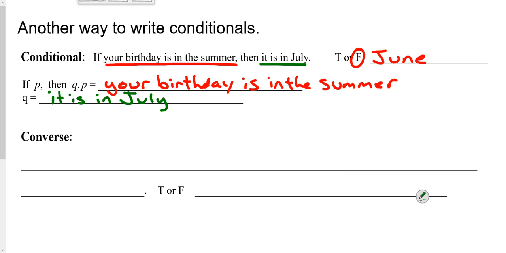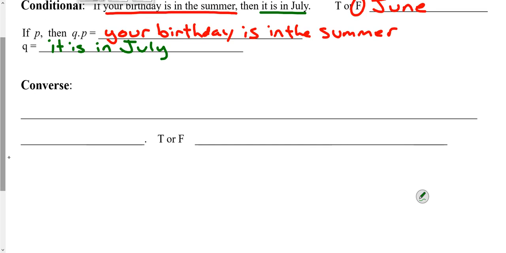So this other way that we can write these conditionals is with a converse. Remember, that's switching our hypothesis and conclusion. It's switching the P and the Q. So the converse of this statement is, now we're going to have our Q first in the if part of the statement.